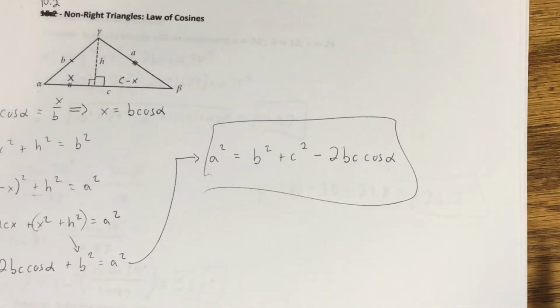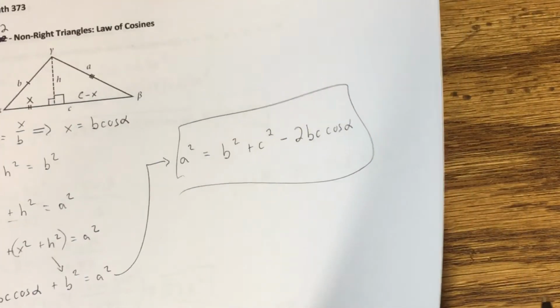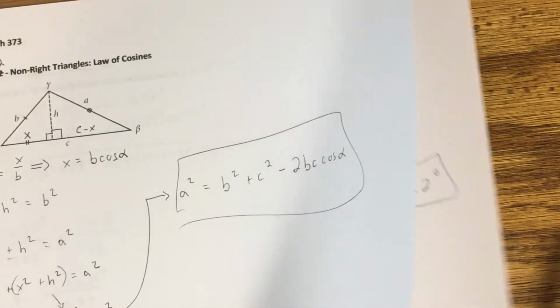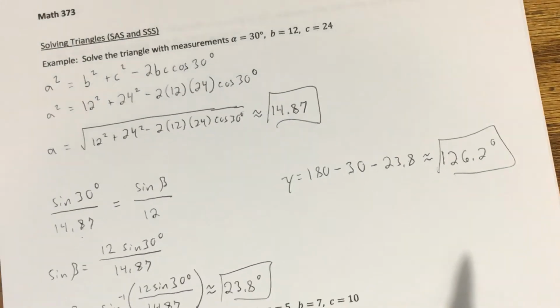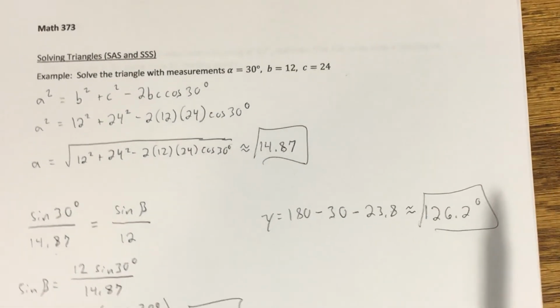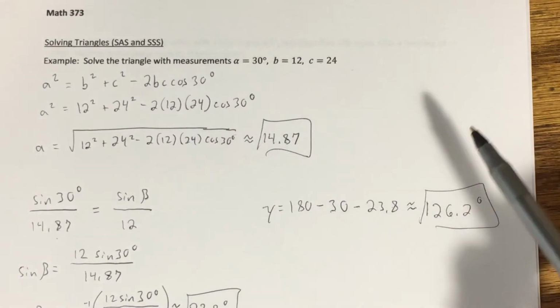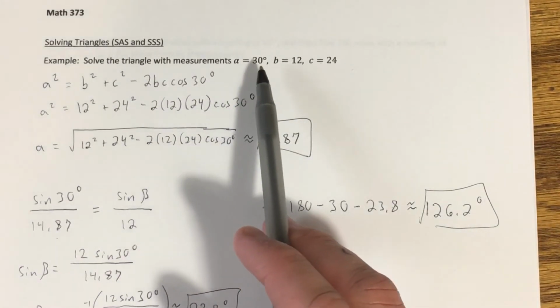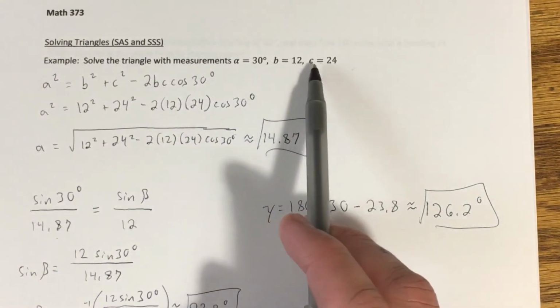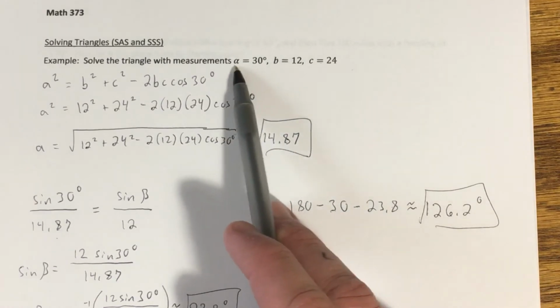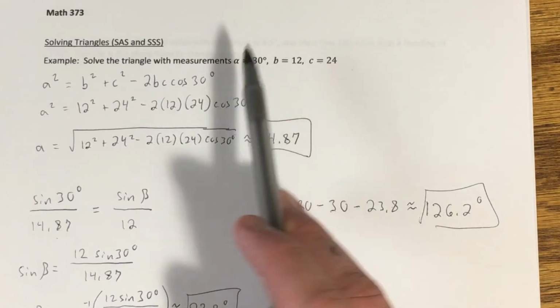So let's take a look at a couple of examples where we want to solve a triangle. Now, I've already worked out these examples in advance. Here we're given what's called an SAS case. I have two sides, b and c, and the included angle between them.